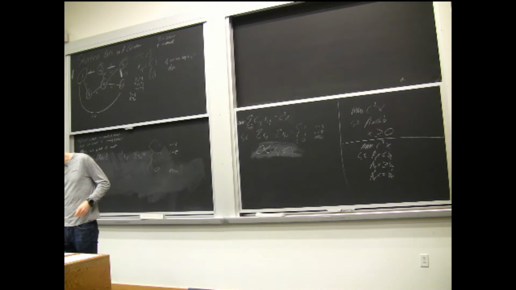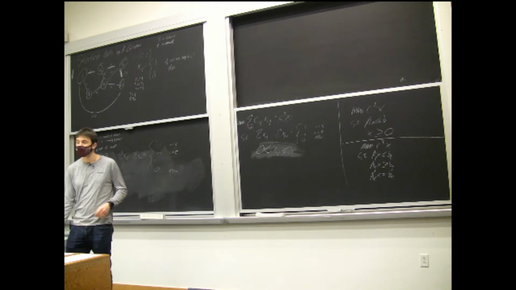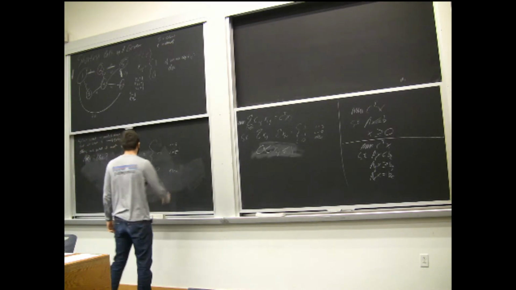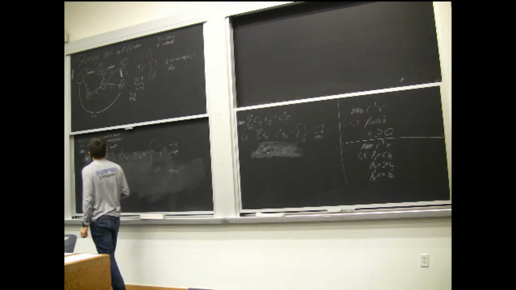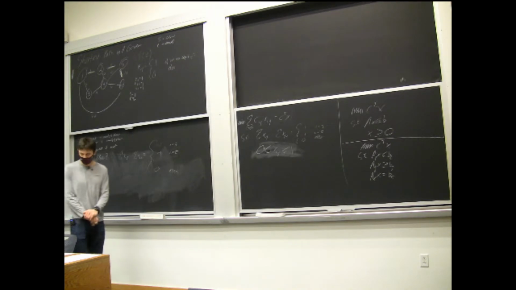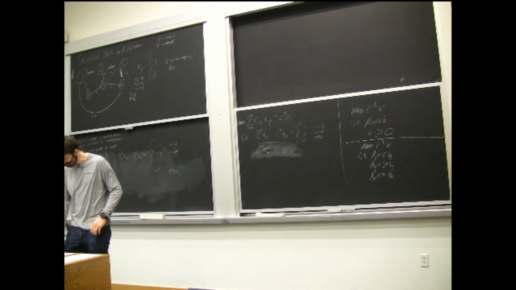So why is that? I'm going to leave that as an exercise to think about, but it's really not so hard to see, because it's actually easier to see in the other formulation I'm going to show you. So I'll leave it there.